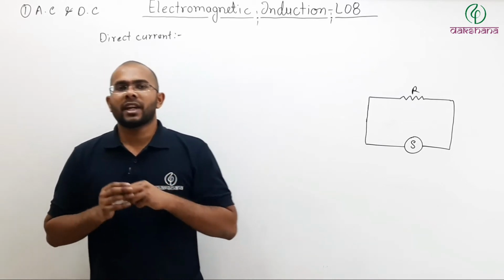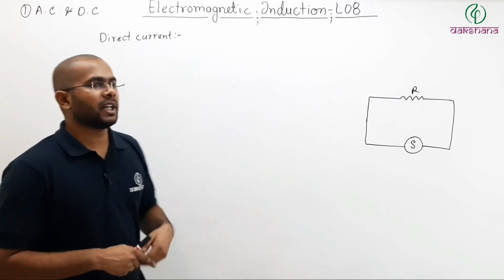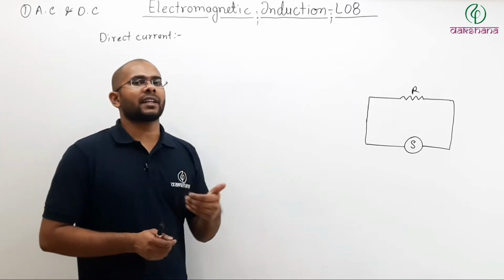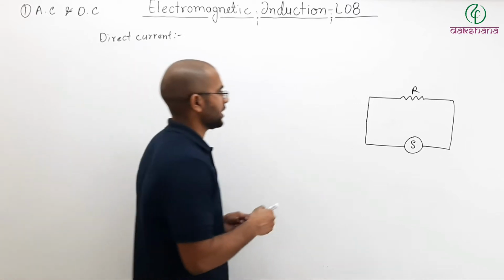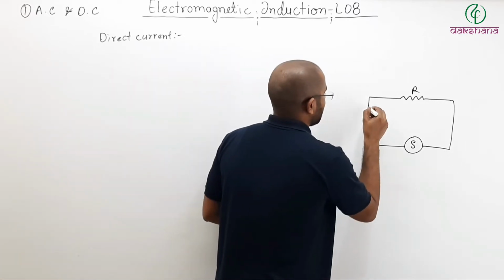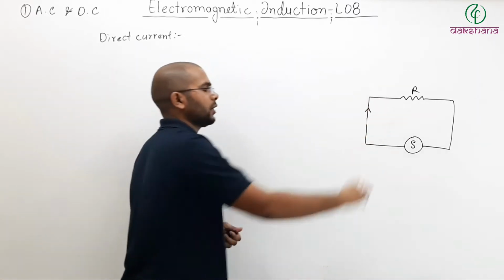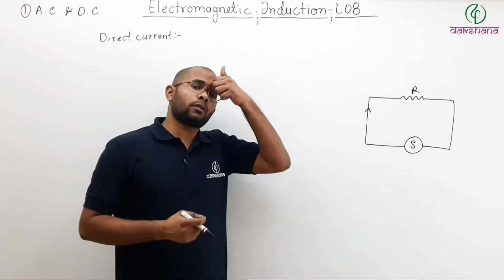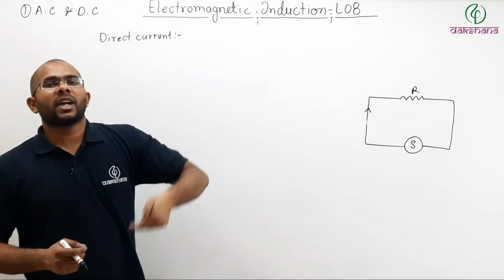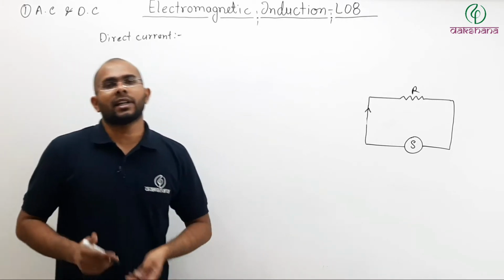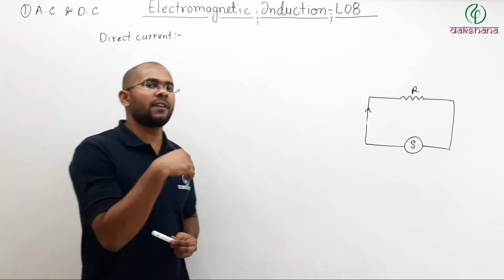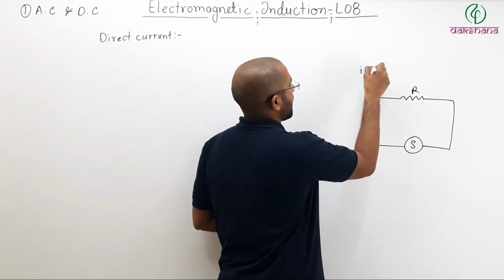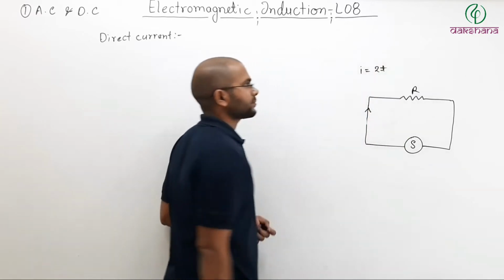So the only way I can determine whether it is a DC or AC source is to look at the direction of current. For example, let us say that current in this circuit is going clockwise. Then it does not matter how much current is flowing. Current may vary. For example, let us say I is equal to 2t.